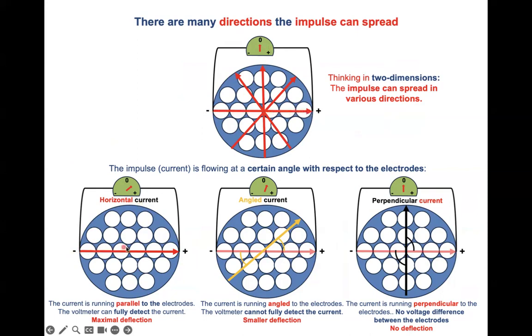Seen here again. However, what if the electrical activity were not running horizontally but angled? The deflection will be weaker, as we see compared to this signal. And in fact, if the electrical activity is running perpendicular, then there will be no deflection.